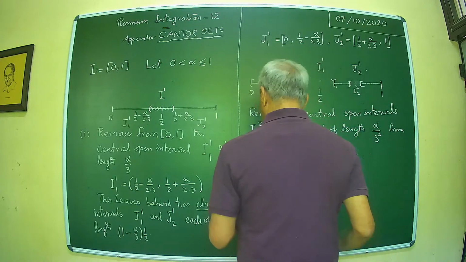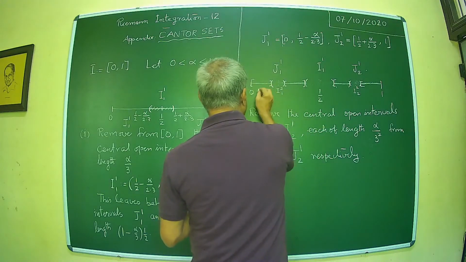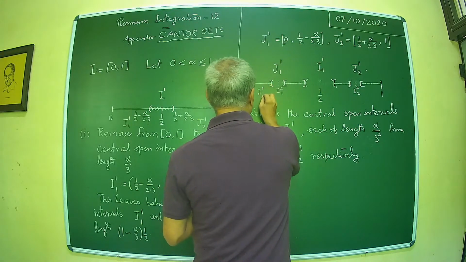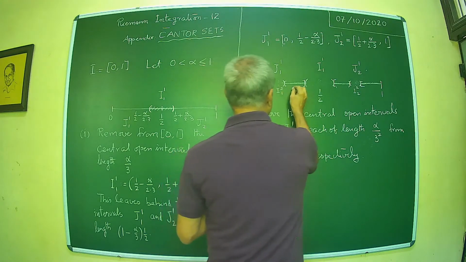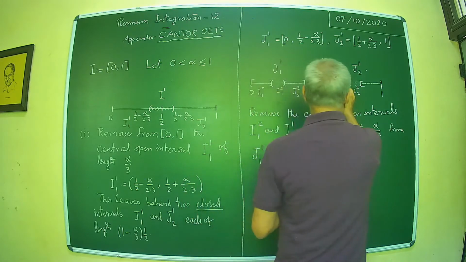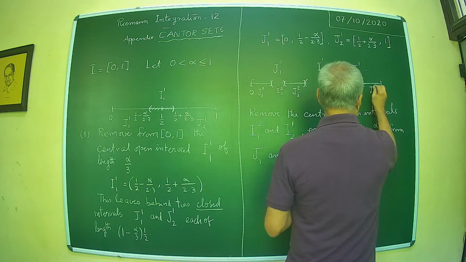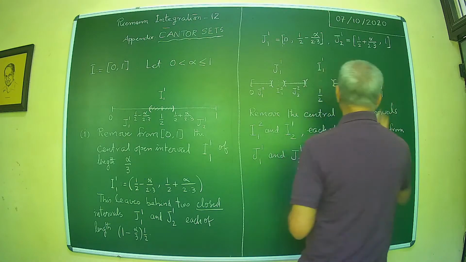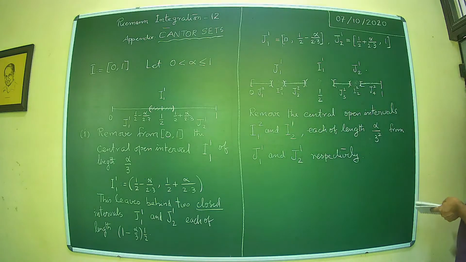And then what remains is J21, J22, J23, J24. That's the second stage.